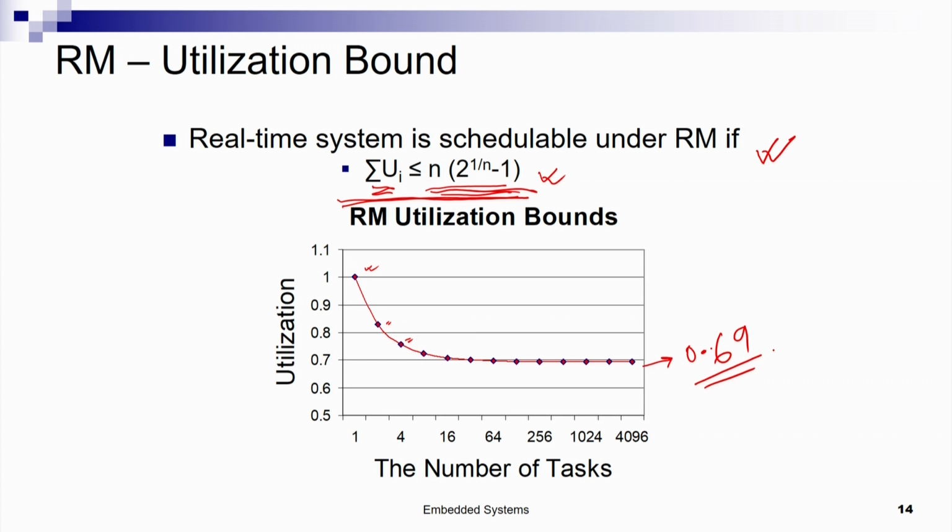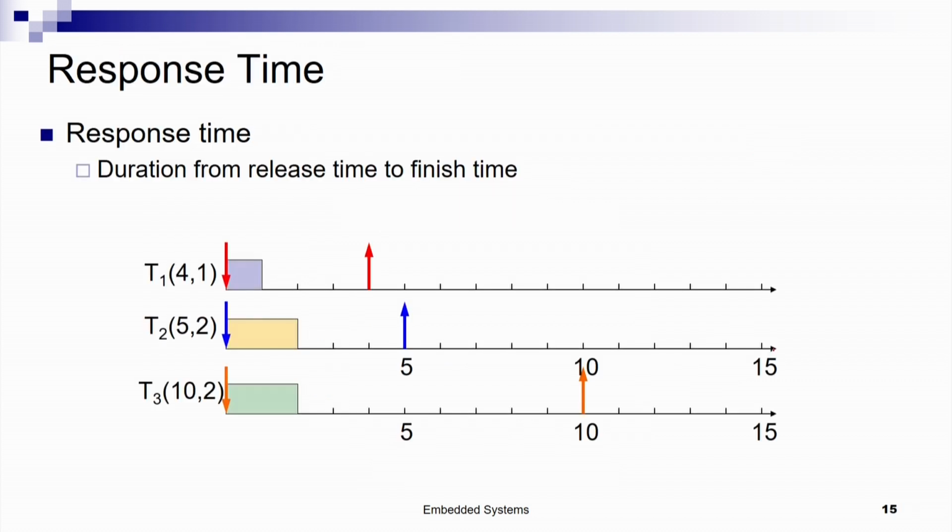Okay. But if that is not so, we have to look at other mechanisms of schedulability analysis, and one such schedulability analysis depends on the response time of the jobs of the tasks. We now discuss this analysis method.